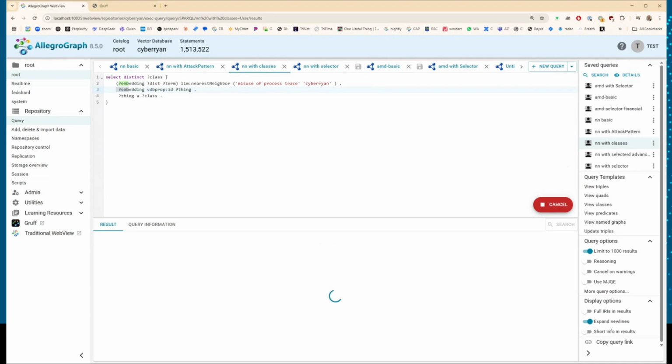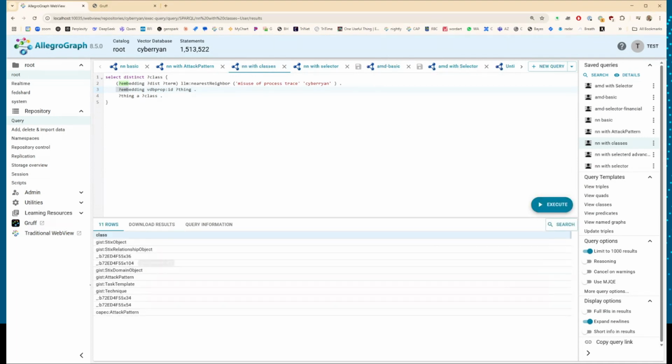I execute this, and I find that there are attack patterns from the KPAC database, gist techniques, templates, attack patterns, and then other domain objects. These are kind of abstract types because Ryan did a lot of reasoning on the database, but for now they distract from the fact that there's a few interesting classes where these strings came from that matched this string.